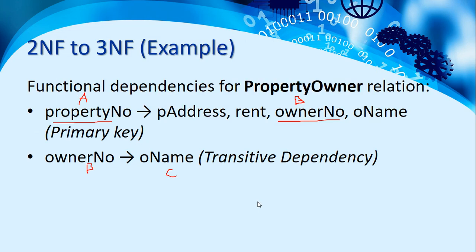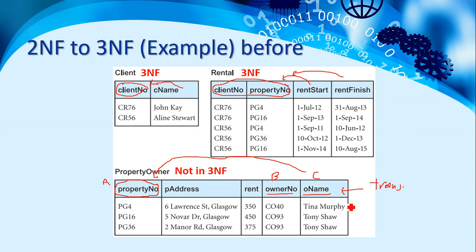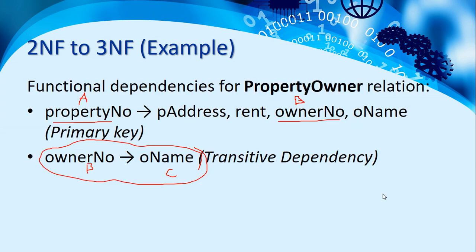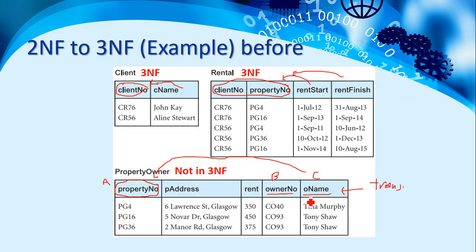So yung mangyayari, yung owner number tsaka yung owner name, we will extract this here into a separate table. Tapos yung owner name, wala na to, mabubura to. Ito, yung owner number, we will have a copy kasi ito yung determinant ni owner name.